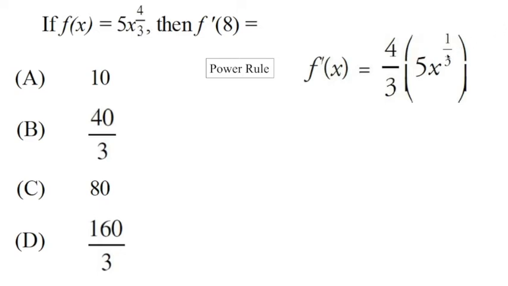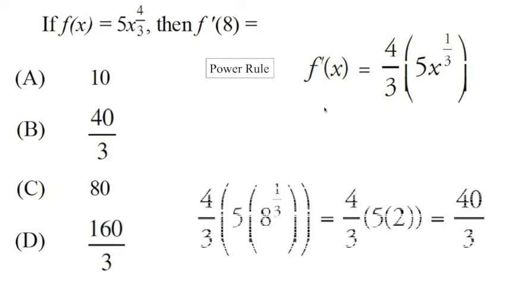When doing fractional subtraction, we subtract only the numerators since we have a common denominator. 4 minus 3 is 1, and so we have 1/3 here. So there is our general form for the derivative.